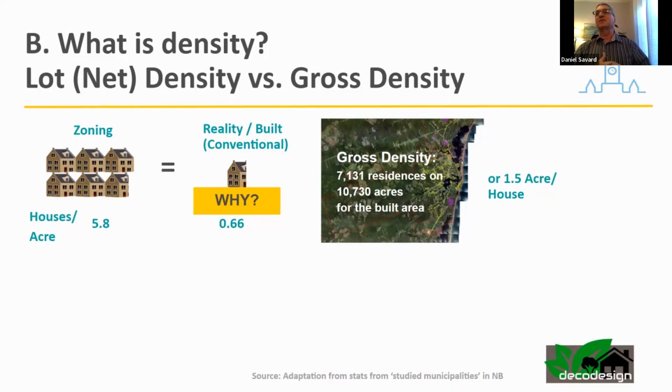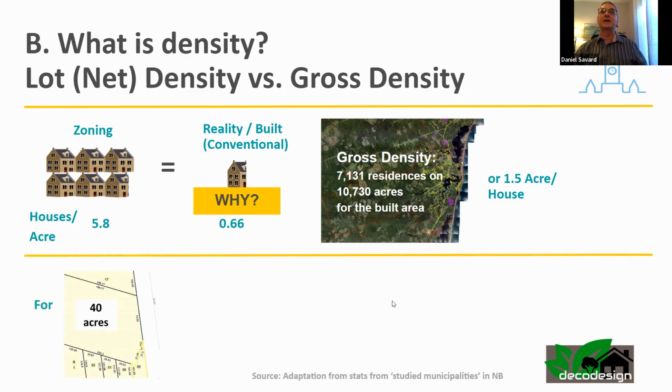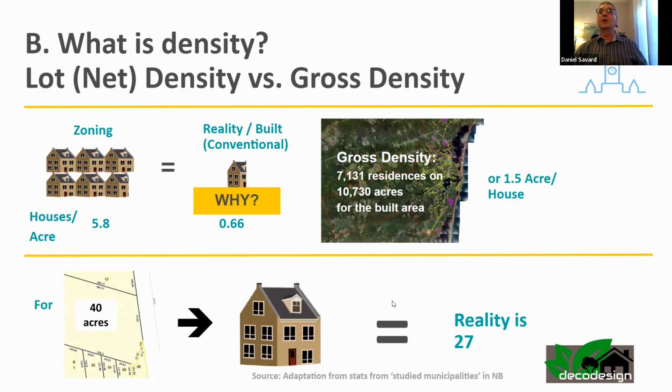That represents roughly 1.5 acres per house, because these houses need services, they need infrastructure, they need a lot of land that is going to fit also with the setbacks and everything that is written in the zoning bylaw. So the reality for the 40 acres is going to be only 27 houses.